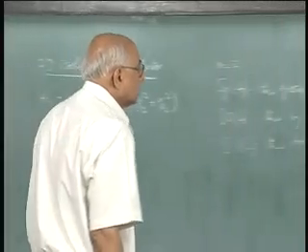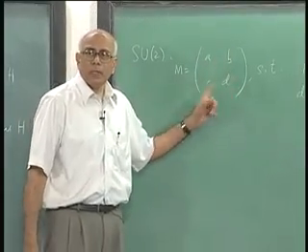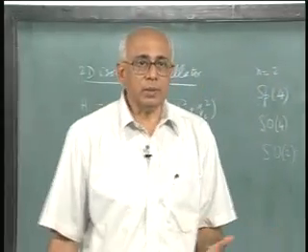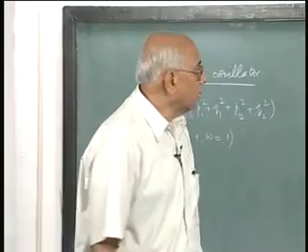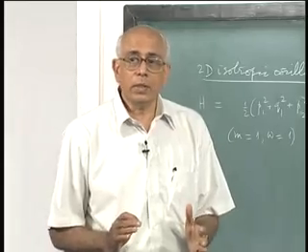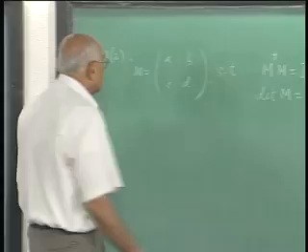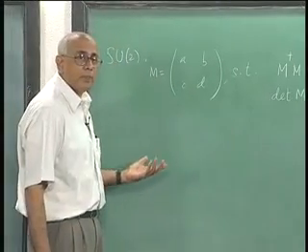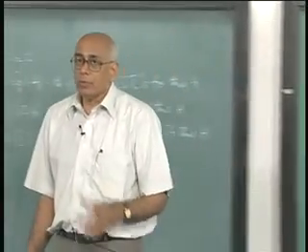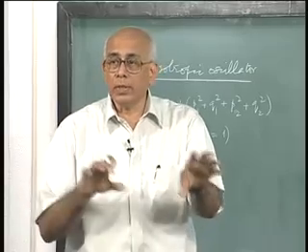Now what we have to do is to do some counting of parameters. How many real parameters are there in a general 2 by 2 matrix? 8 of them, because each entry can be a complex number, so there are 8 parameters. Now we have to reduce that. Once you say the matrix is unitary, there is a certain set of conditions, and you have to impose all those conditions. By the way, this says M dagger equal to M inverse, so you have to find the inverse, and then you have to put the determinant equal to 1, and then you start imposing these conditions.